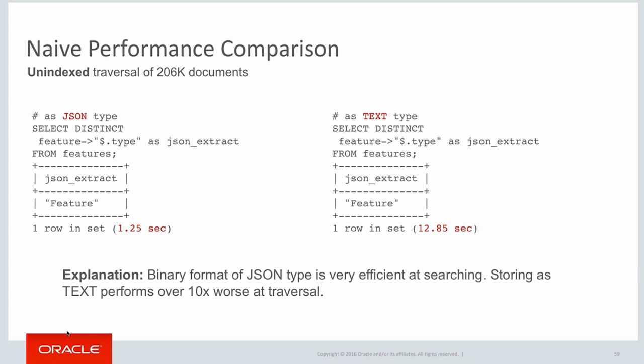If I'm searching for a unique feature, the query on the right runs it through a text field where I have to parse all of the text, and you can see it took 12 seconds through the 200,000 documents. When I switch that text field and store the data as a JSON binary type, it drops down to 1.25 seconds. So it's a tenfold savings storing data as JSON over text.